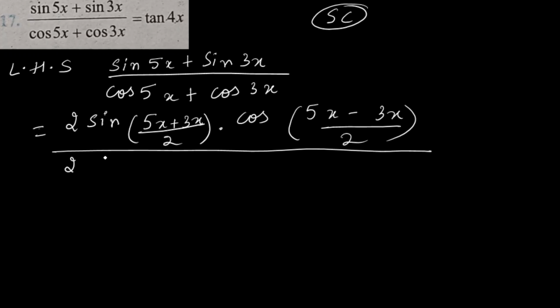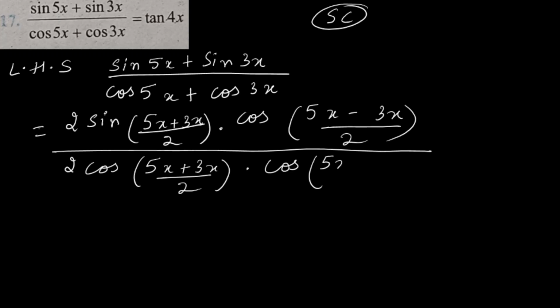So you can remember, cos means both cos only will be written. So 2 times cos of 5x plus 3x by 2 into again cos, because this is cos x plus cos y. So this is 2 times cos of x plus y by 2 into cos of x minus y by 2.